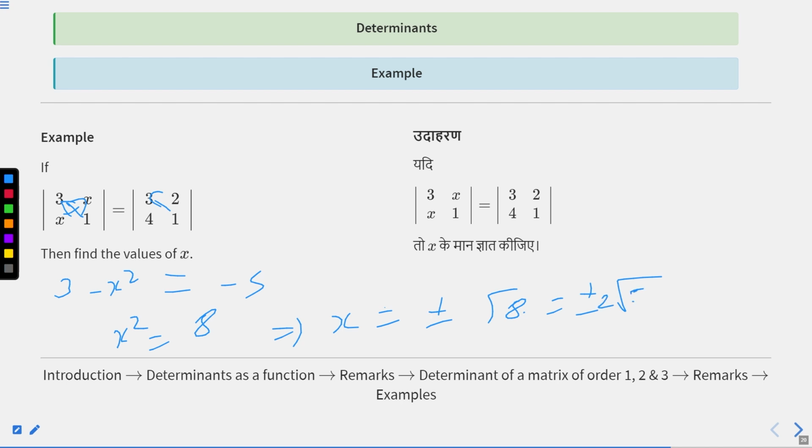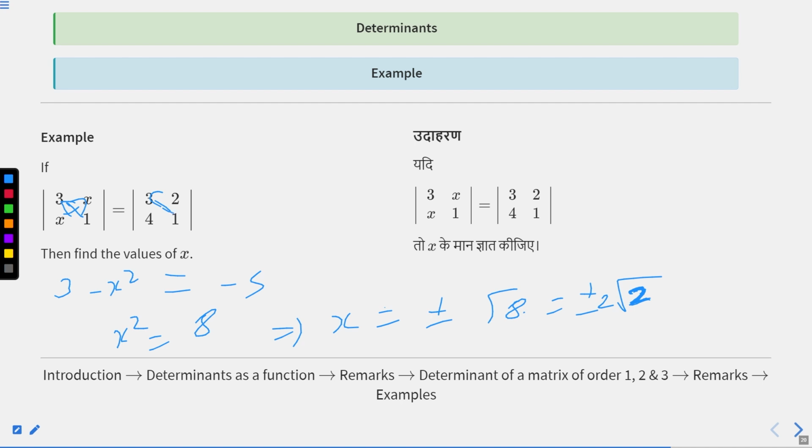But as you saw, you cannot have two different numbers. You must have a unique number. So we will see which number we can prefer.